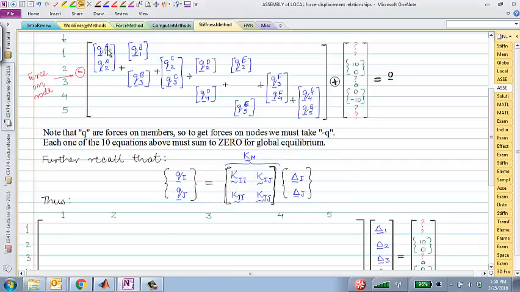I'll give you an example for element A. Clearly for element A, I have QA1 and QA2.